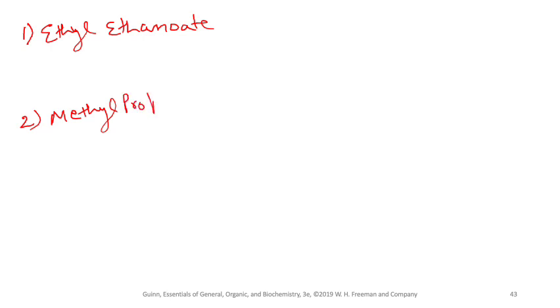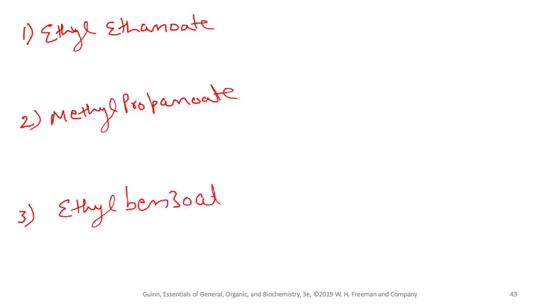One is ethyl ethanoate, the second one is methyl propanoate, and the third one is ethyl benzoate. Let's try to draw the structure for all 3 esters.